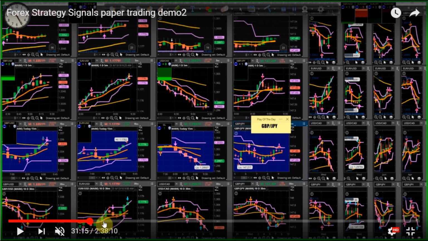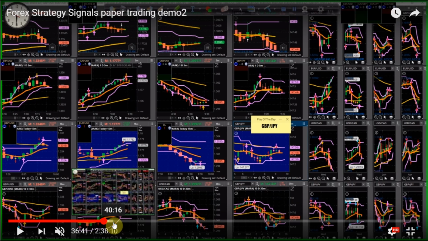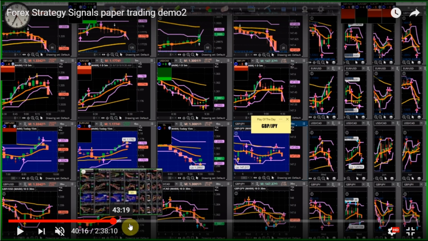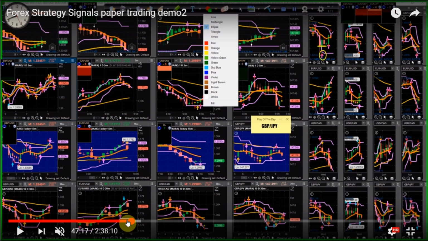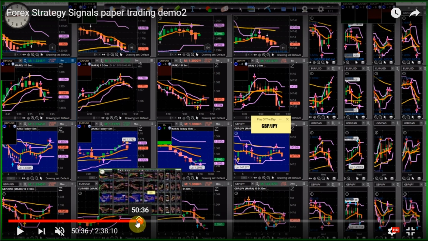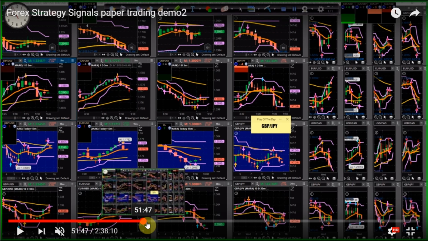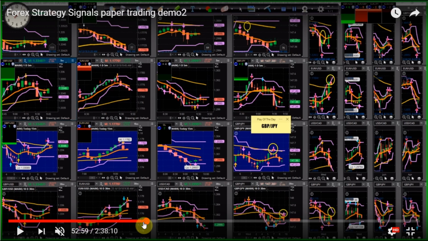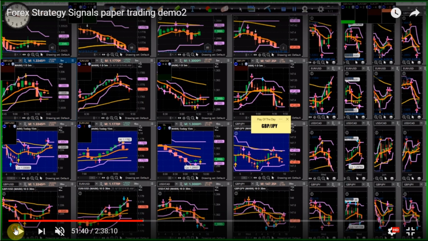There's our good trade. And after the retracement, if you waited for that whole setup on the GU like this, and you had your super arrow, you had your high arrow.